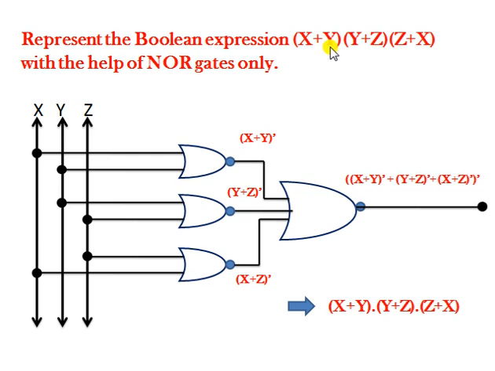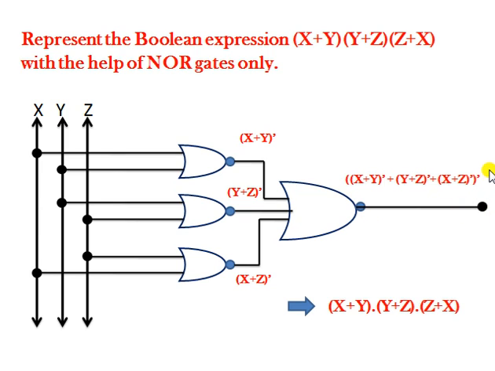This is x plus y. We are using a NOR gate, so x plus y gives x plus y whole bar. Here y plus z whole bar, and again z plus x whole bar. Again we are using a NOR gate, then it becomes x plus y whole bar plus y plus z whole bar plus x plus z whole bar, total whole bar.